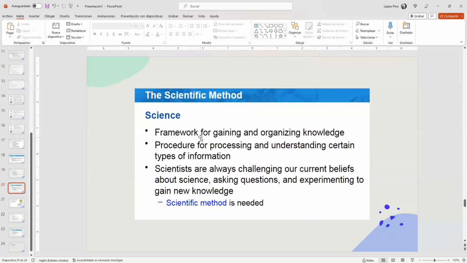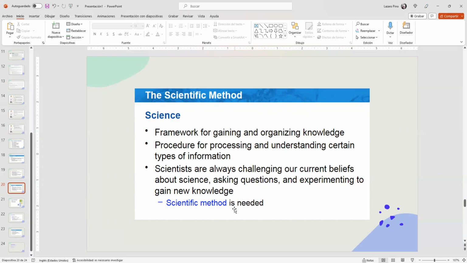Science is a framework for gaining and organizing knowledge, a procedure for processing and understanding certain types of information. Scientists are always challenging our current beliefs about science, asking questions, and experimenting to gain new knowledge.